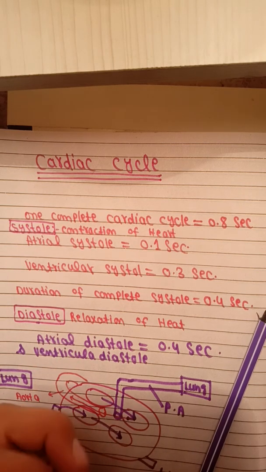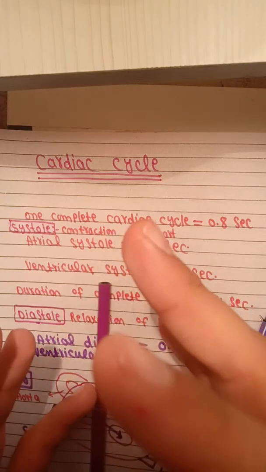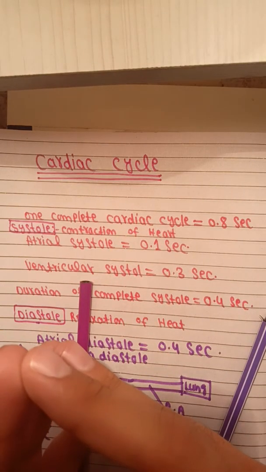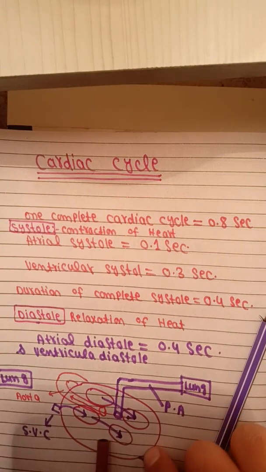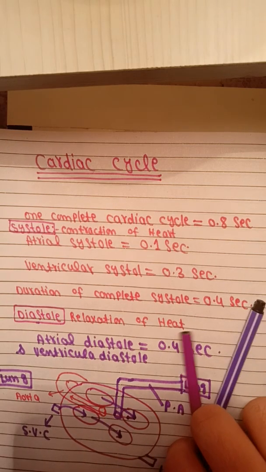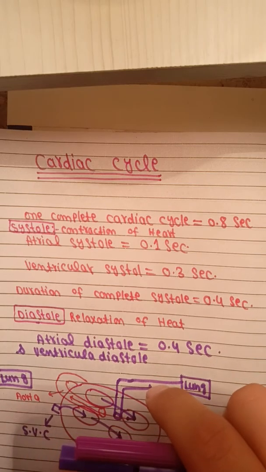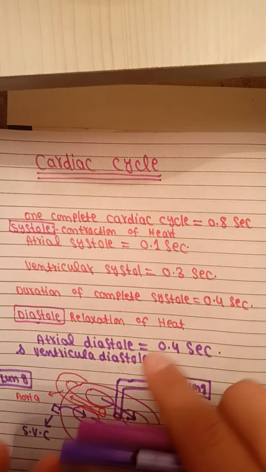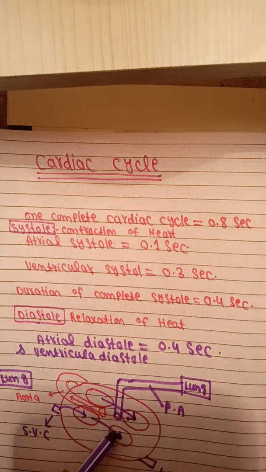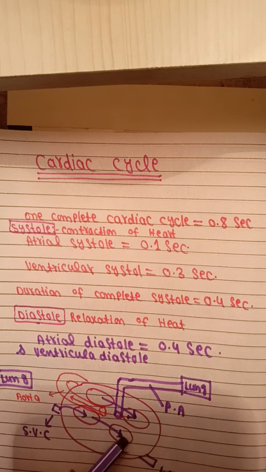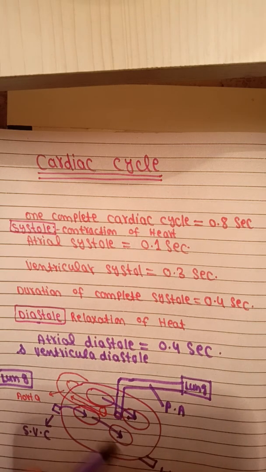Now what is diastole? Diastole is the relaxation of the heart. During systole, blood is always pumped out of the heart, either into the lungs or into the systemic circulation. Let the right ventricle contract, the blood will be pumped into the lungs, out of the heart.